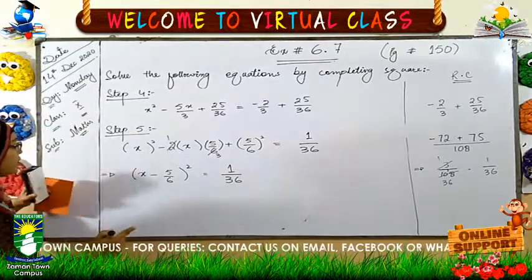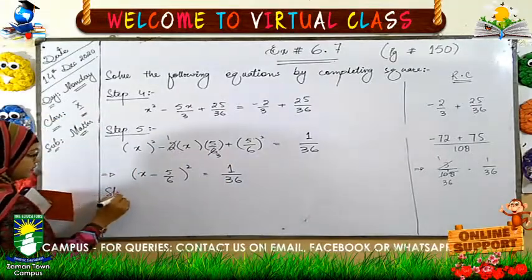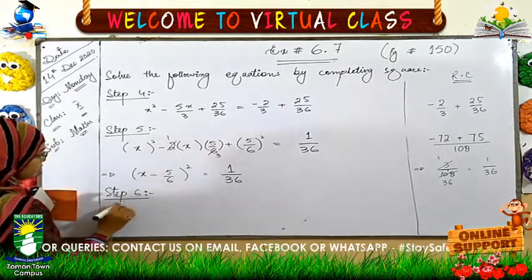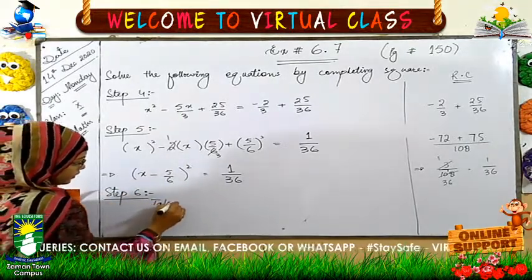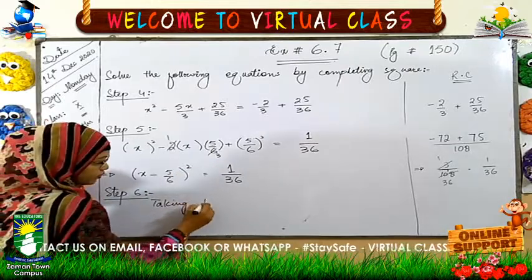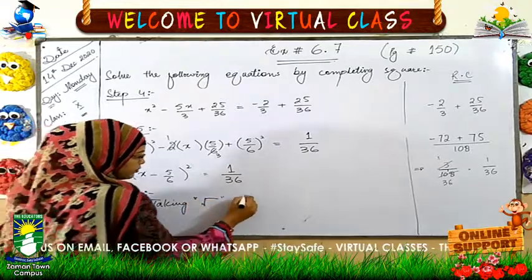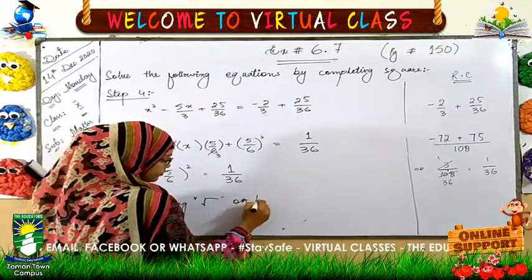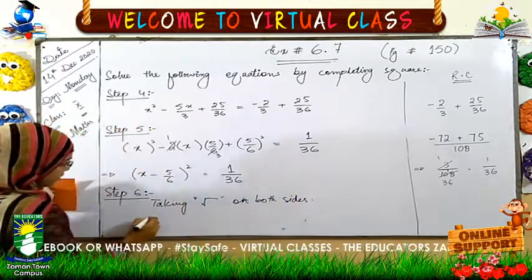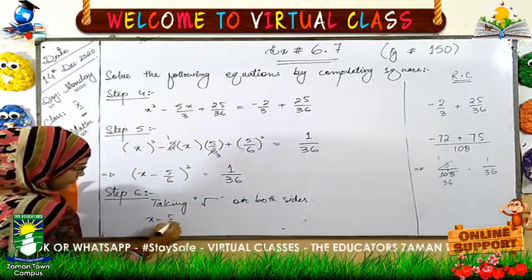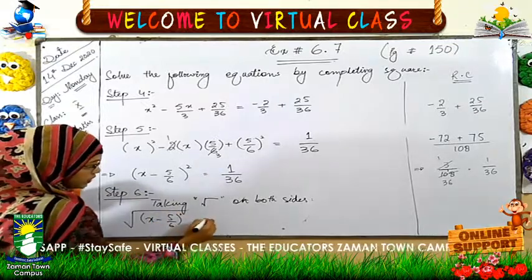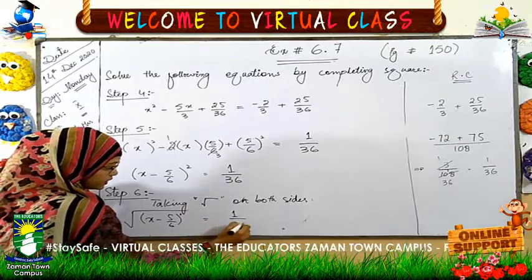Now what do we have to do next? We are taking step number 6, in which we take the root on both sides. And why are we taking the root? For cancelling the square, we are taking the root on both sides. So the root of x minus 5 upon 6 whole square is equal to the root of 1 upon 36.